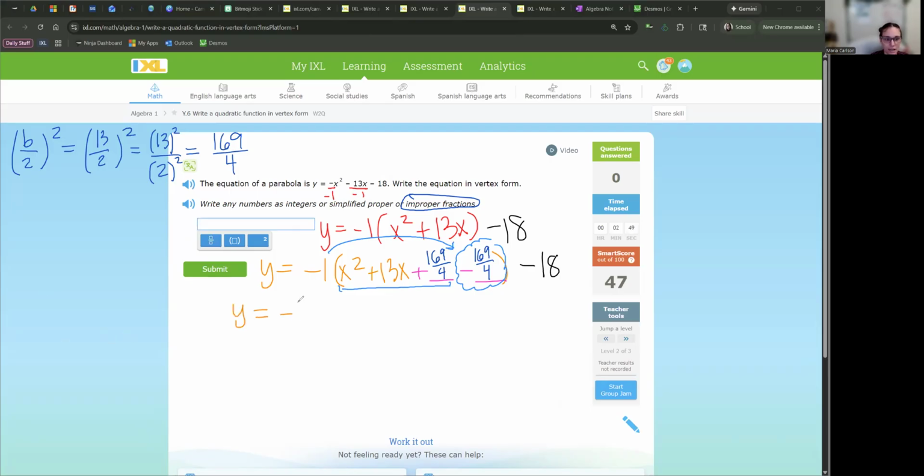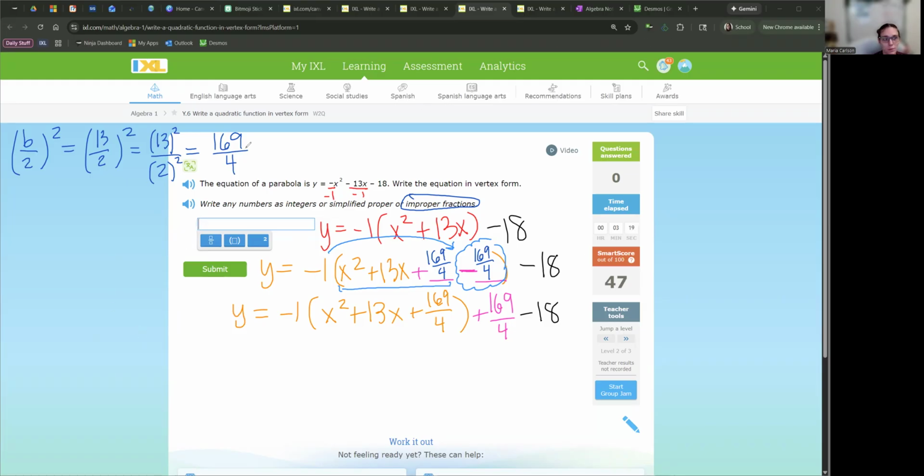So it's y equals -1 times x squared plus 13x plus 169 divided by 4. And now outside of this, if I'm multiplying -169 divided by 4 by -1, it's now going to be positive 169 divided by 4. So positive 169 divided by 4 minus 18.